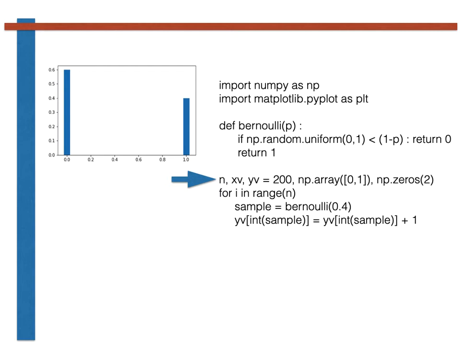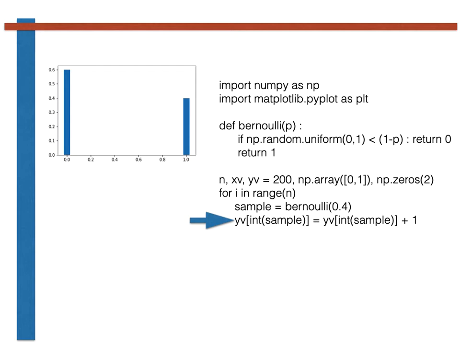The second, meanwhile, has both elements set equal to 0 initially. As the loop executes, however, the 0th element is used to count the number of random variables that are equal to 0, while the first element is used to count the number of random variables that were equal to 1. Consequently, once the loop is finished, we have a list that contains the number of failures in its first element and the number of successes in its second element.